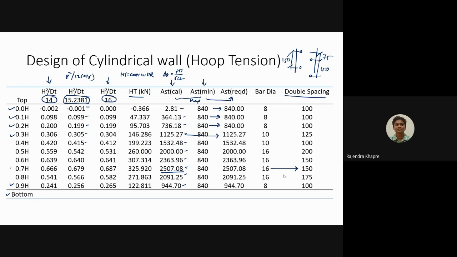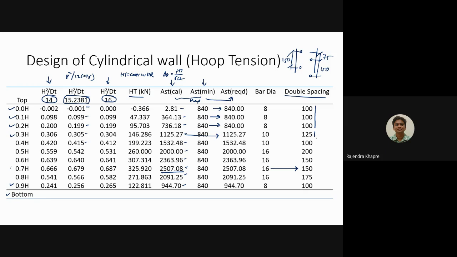Okay, so this type of exercise you will have to do because the height of the wall is too much, that is 8 m height is there, so we have to go for optimization. As a result of this, you will find that 8 mm dia bars at 100 mm center to center is required for almost 1/3 of the portion measured from the top.